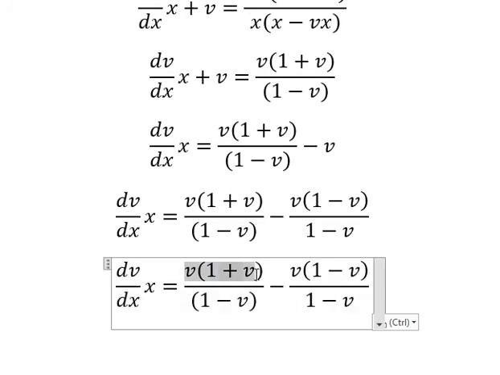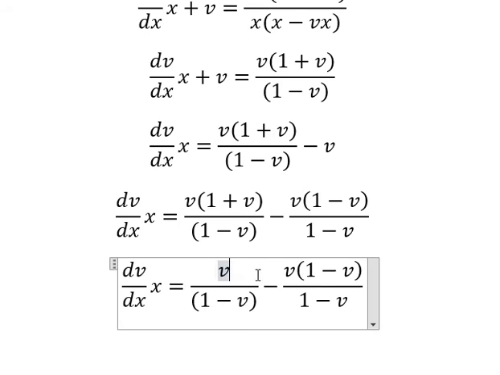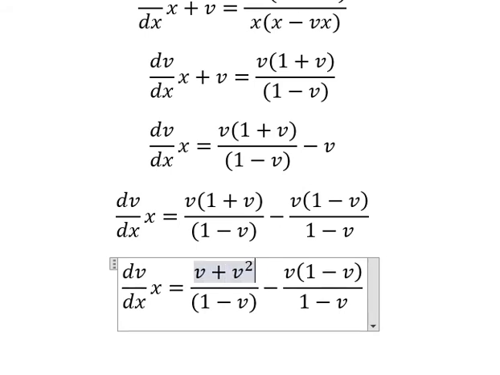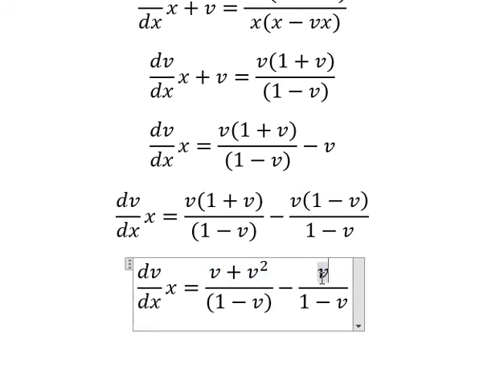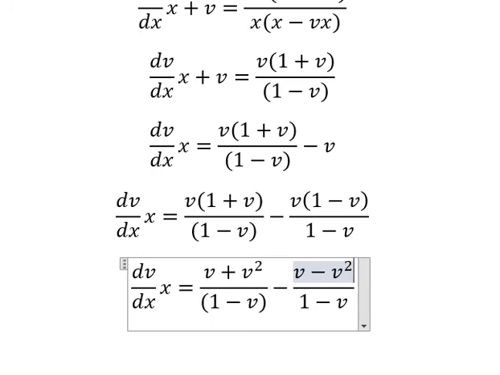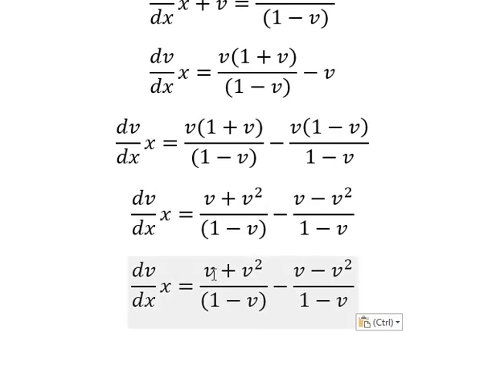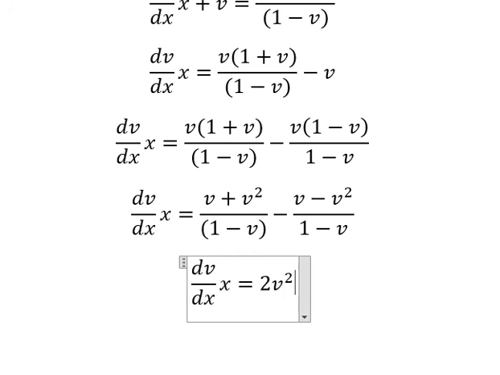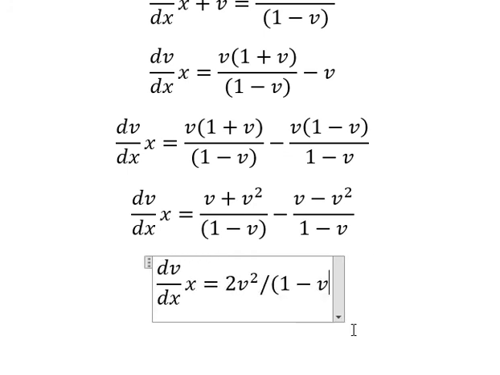So this one we have v plus v square. This one we have v minus v square in here. So v minus v, we cancel negative with negative, we have positive, so we have 2v square over 1 minus v.